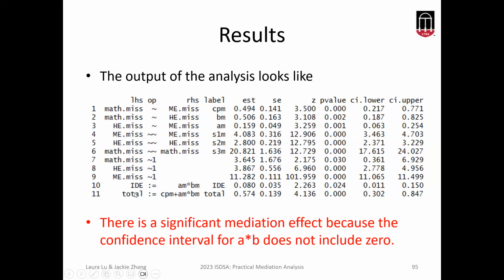We also have the indirect effect and total effect, defined here, estimated and reported. It is significant because the confidence interval does not include 0. It is significant although there are some missing values. After we use the maximum likelihood estimation method, the final conclusion stays the same, still significant.